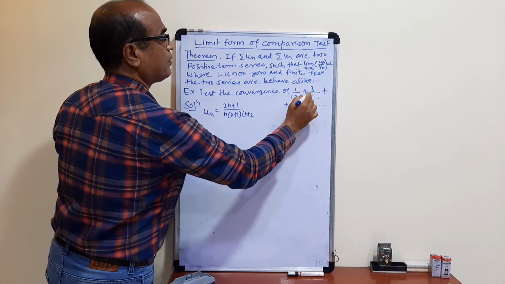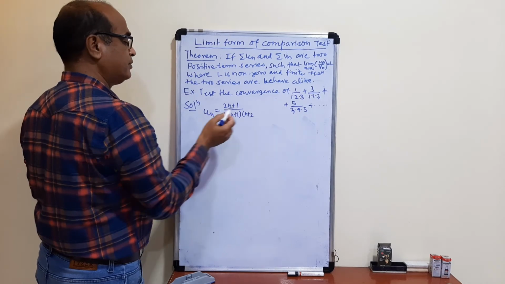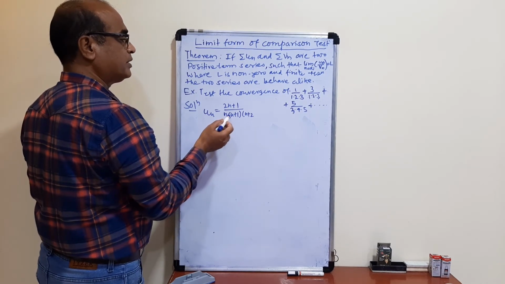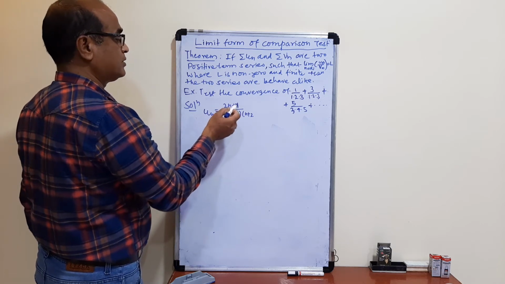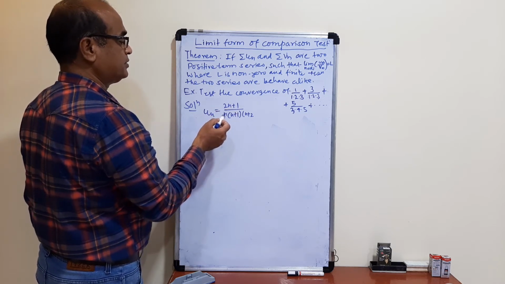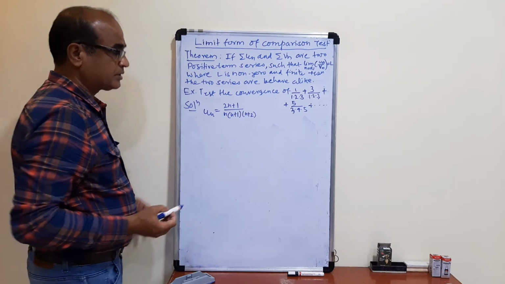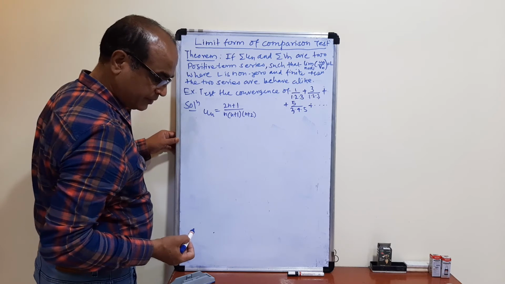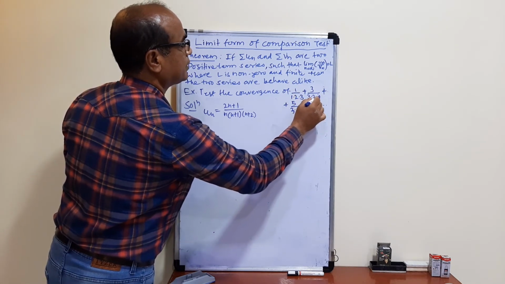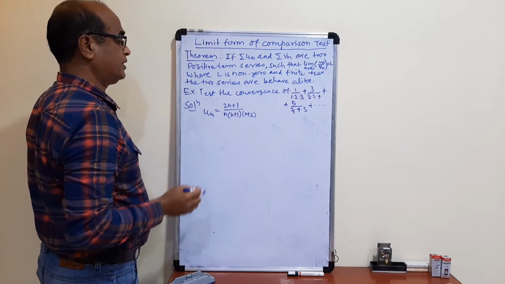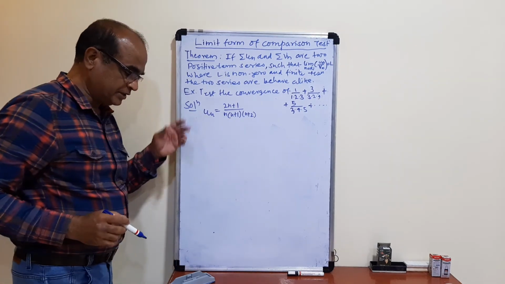Putting n equal to 2 we get 5 upon 2 into 3 into 4. Putting n equal to 3 we get the next term. So that is un.